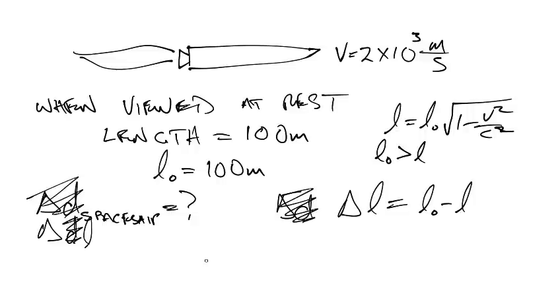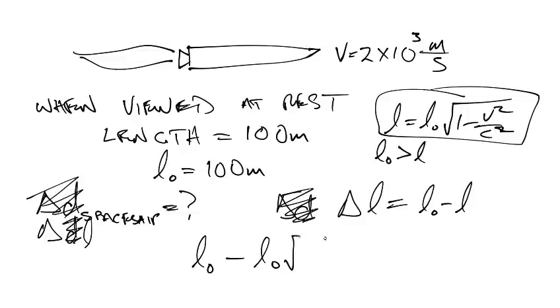If we write that out, L naught minus L, we can just simply replace L with that, and so we'll go 1 minus v squared over c squared. But we know v.